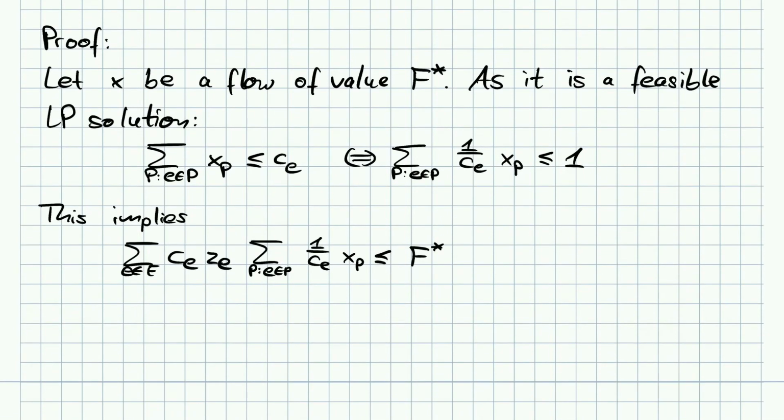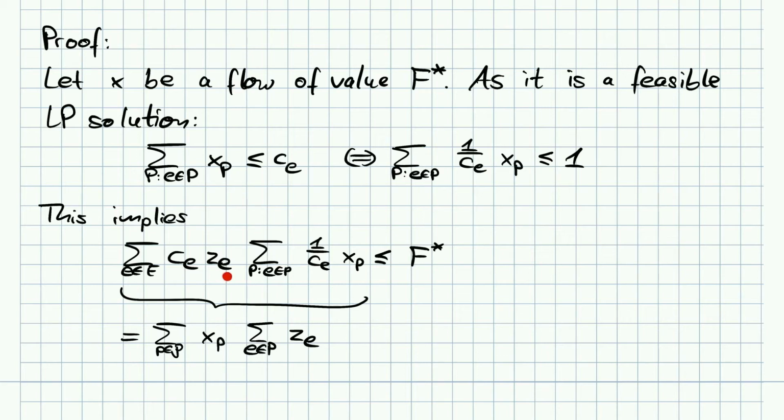Good. But what we can now do is we can reorder this sum. Because what we have here, we could also write as follows. We could also instead take the sum over all paths, and then take the xp, and then take the sum over all edges on this path and take the ze value.